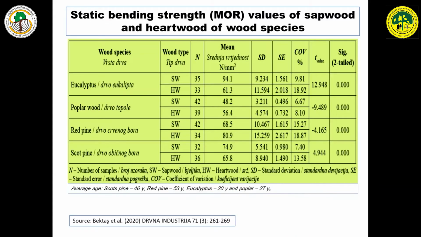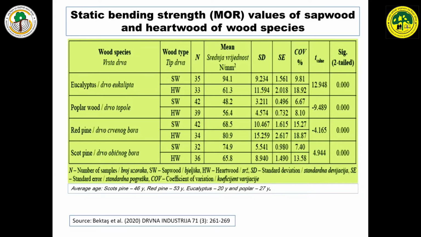And a similar comparison has been made for a few other wood species like eucalyptus, poplar, red pine, and Scots pine. These have been published by different groups.